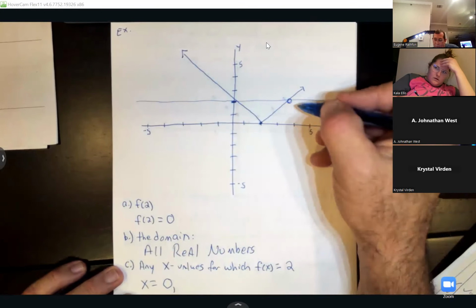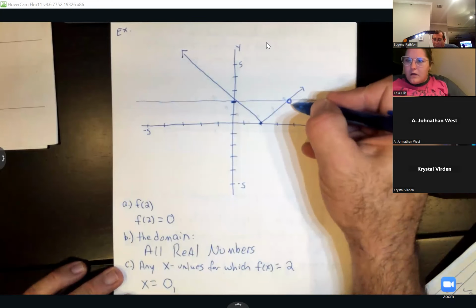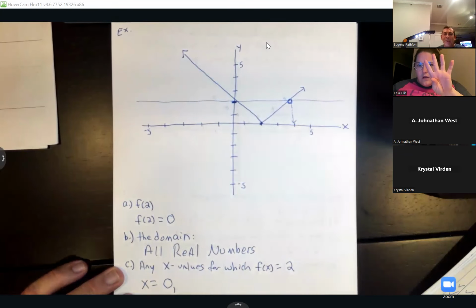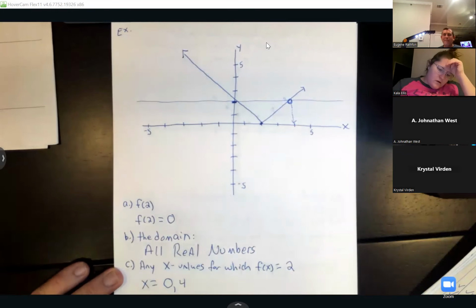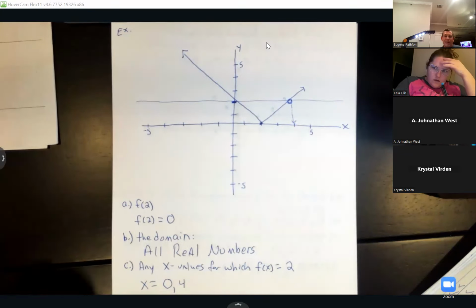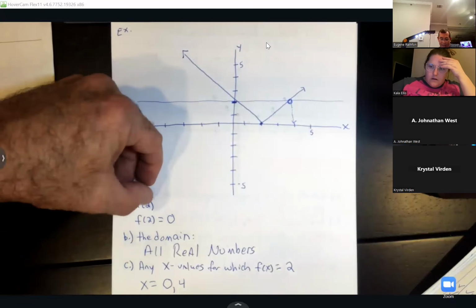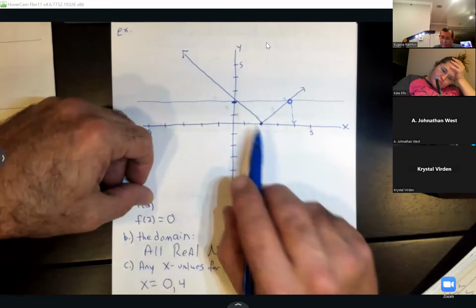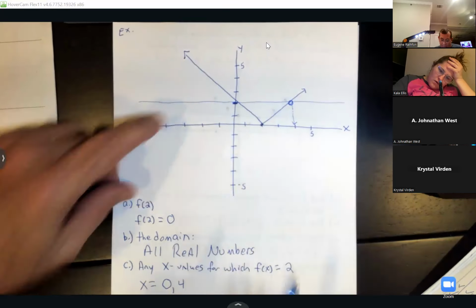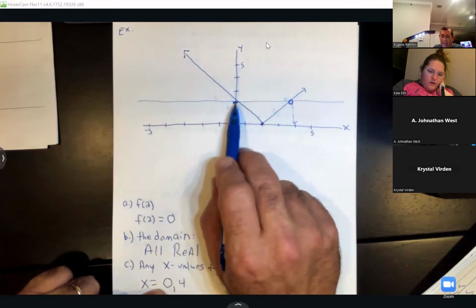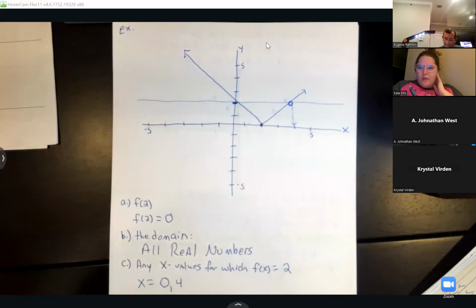It looks like the closest point I got there, if this would have been drawn good, would probably come down there and be a 4. So A and C are opposites of each other on these questions. Here they give you the x of 2, you found the y value. On this one, they give you the y value of 2, and you found me the x's, okay?